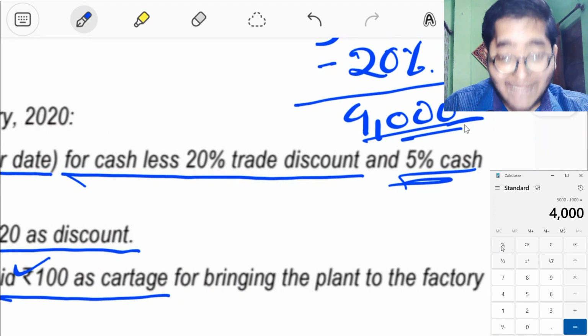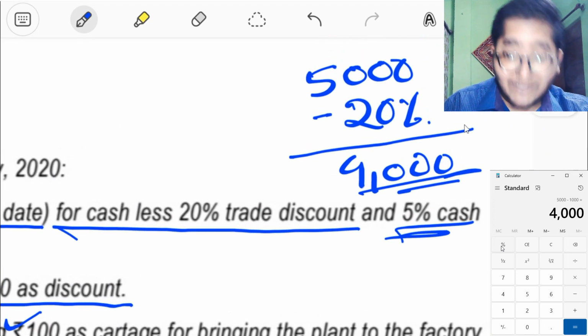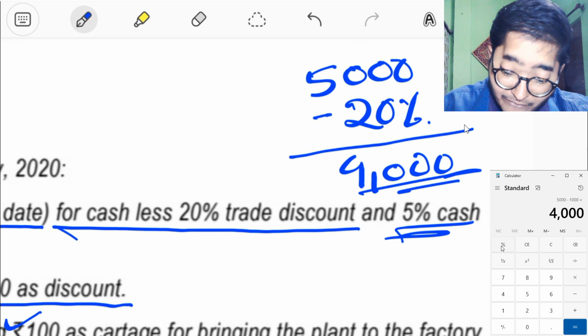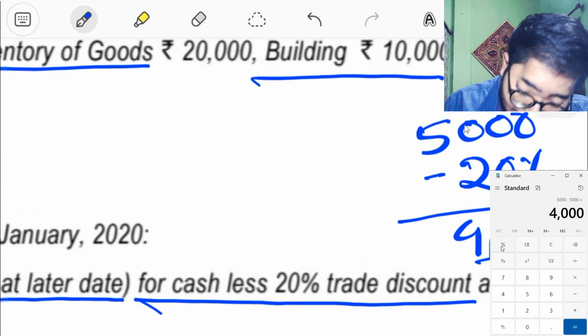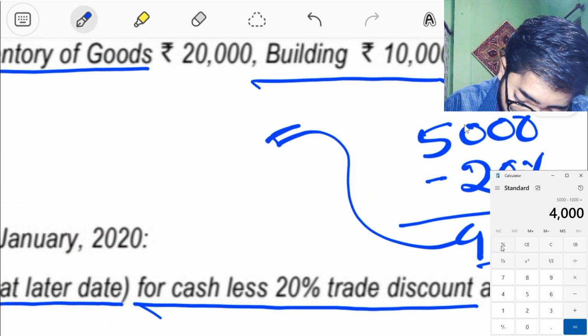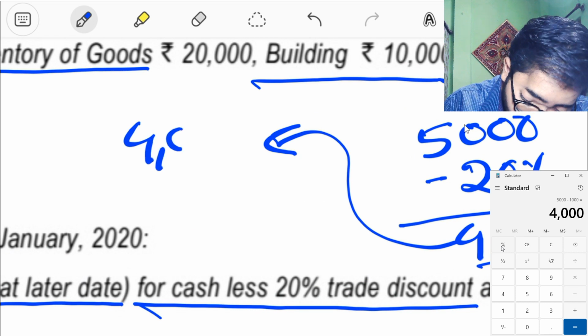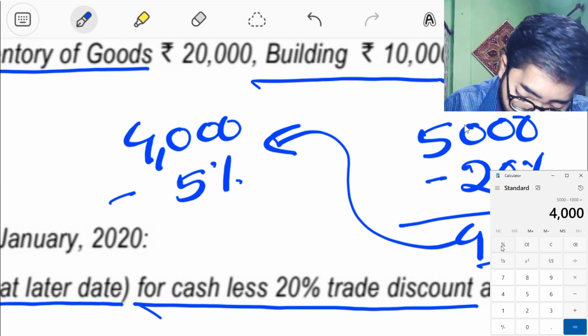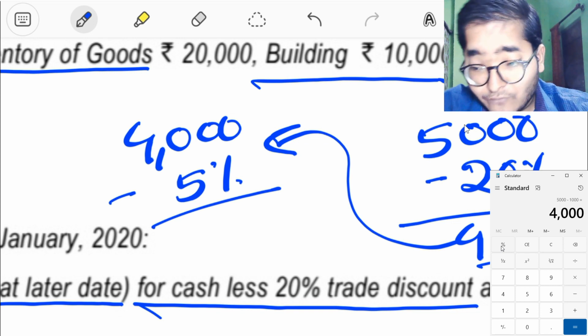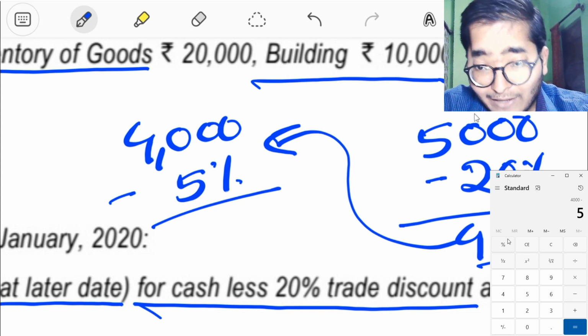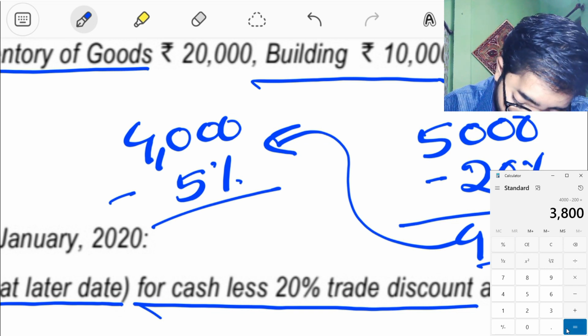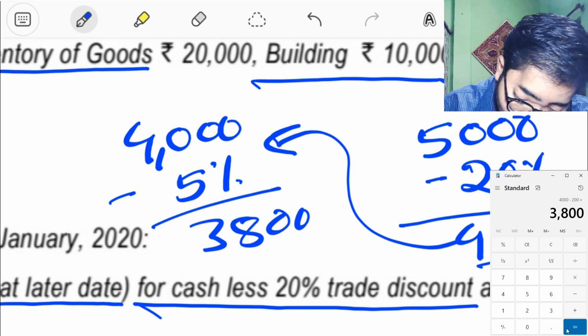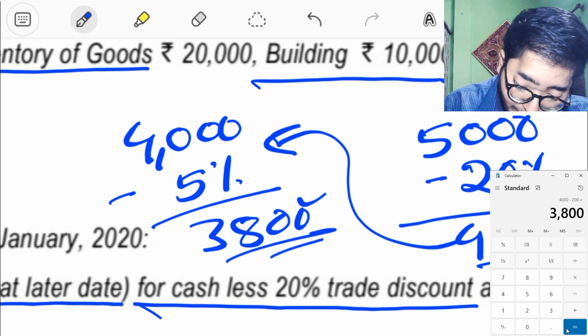We paid in cash immediately, and that is why there is an additional 5% cash discount. So from here, 4,000 minus 5 percentage equals 3,800.